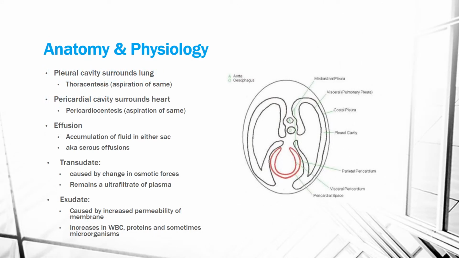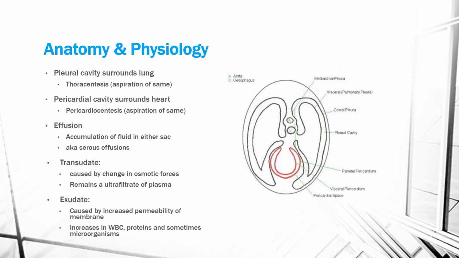So just to remind you what the purpose of having a fluid-filled sac is, you have a sac that surrounds a particular cavity, and then there's fluid within that sac. Normally in these sacs you have truly a very small amount of fluid that's sufficient for the purpose of cushioning and preventing over movement or too much movement of a particular organ or organ system.